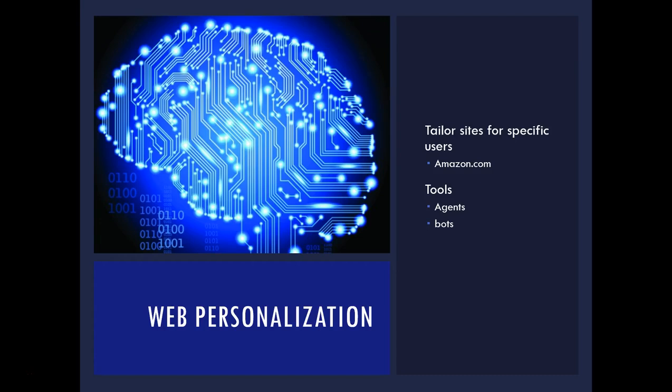And so Amazon has algorithms available to recommend products that I might be interested in buying. And these are tools available to help Amazon and other web personalization appliers operate, such as agents, which are computer programs specifically programmed for little tasks for the site, and bots, which are automatic behavior agents of a type.